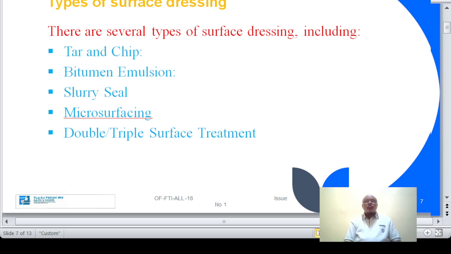The binder used for pre-coating need not necessarily be the same kind as that used for the surface dressing. For example, tar-coated chippings adhere well to a sprayed bitumen film.